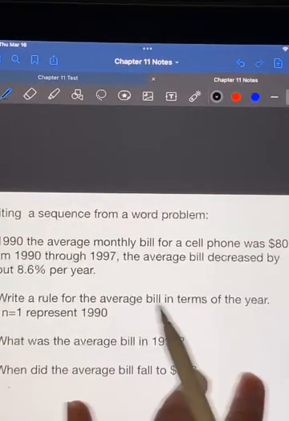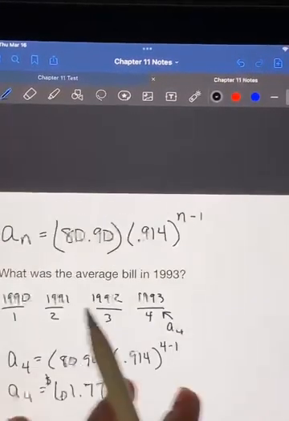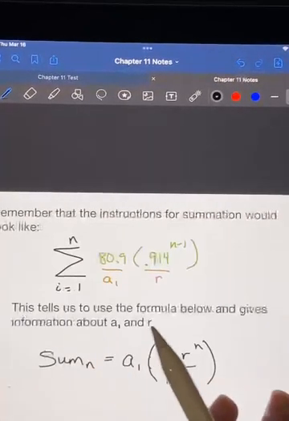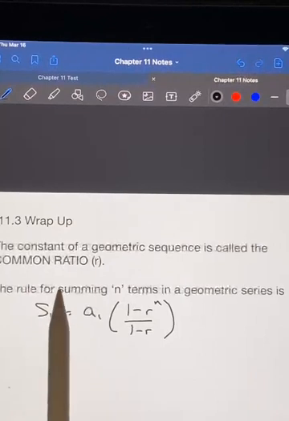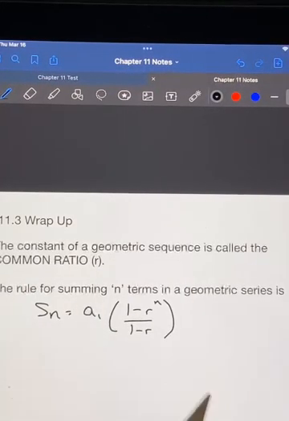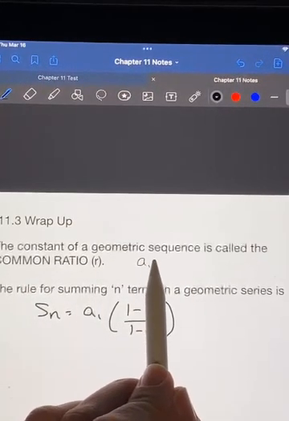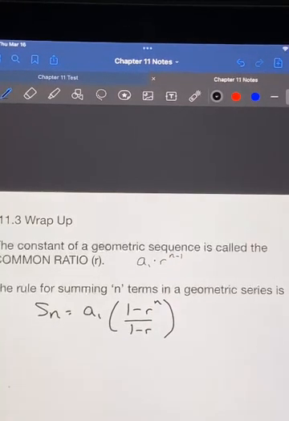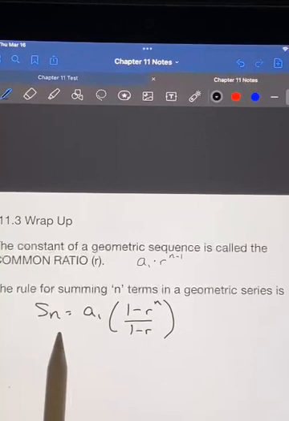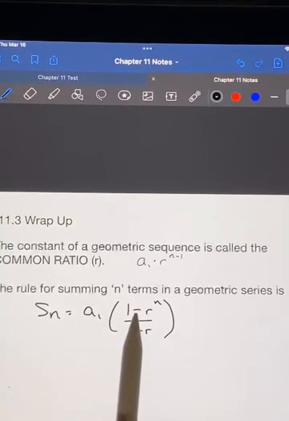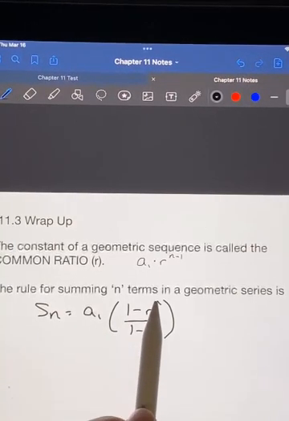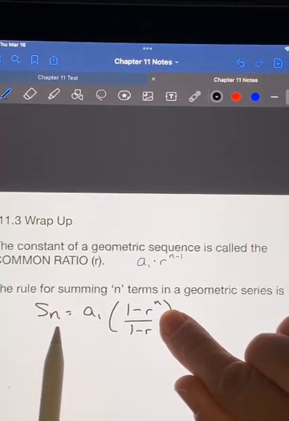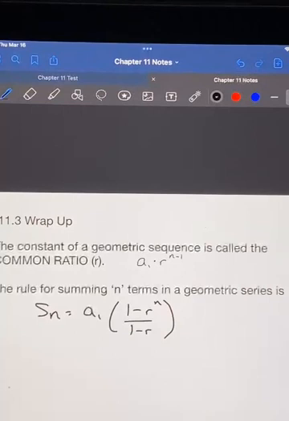So the finality of sequences and series that you need to know, and I have a couple of examples on our slides here, is that the formula for a sequence is our first term times our common ratio raised to the 1 less number of jumps that we've got. And when we are summing it up, it's our first term times 1 minus our common ratio raised to the same number of terms that we are adding divided by 1 minus r.